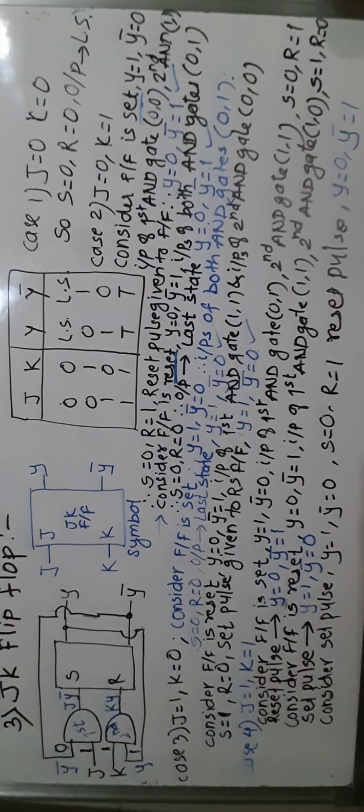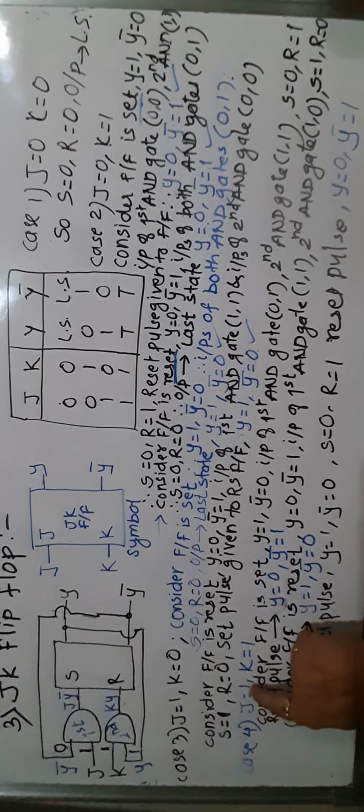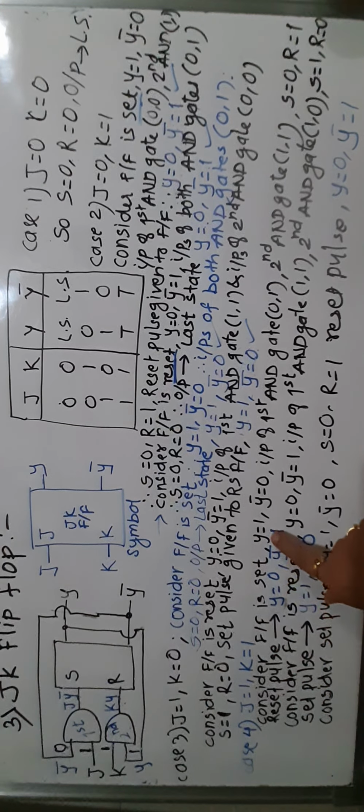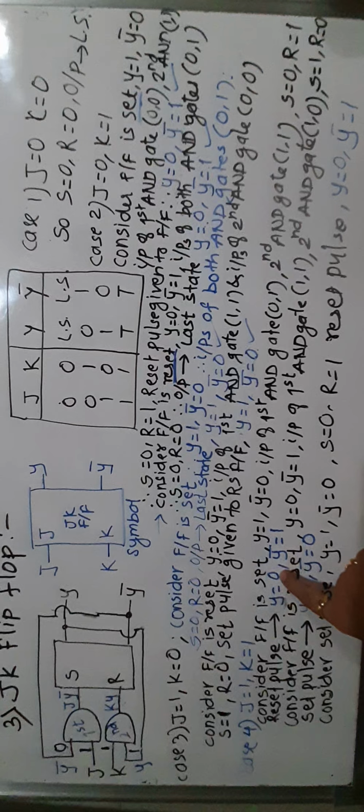So if we carefully observe the output, when J and K are both 1, 1, then we have considered that the output Y is 1. Then if the flip flop is initially set, then it resets, Y becomes 0. Then we have considered this reset condition.